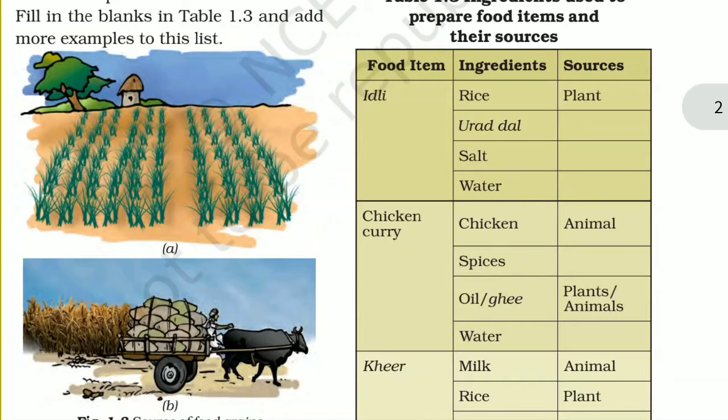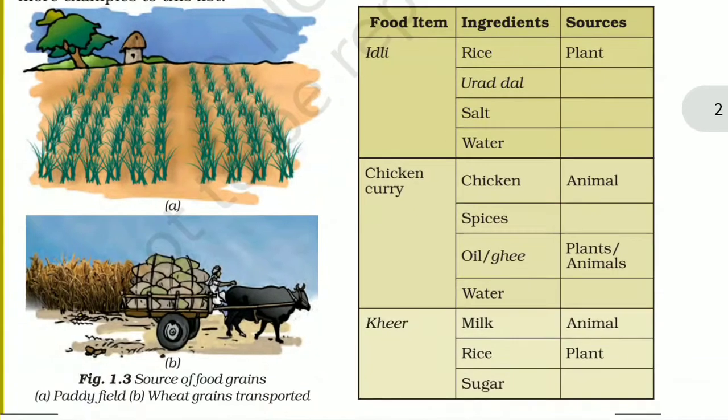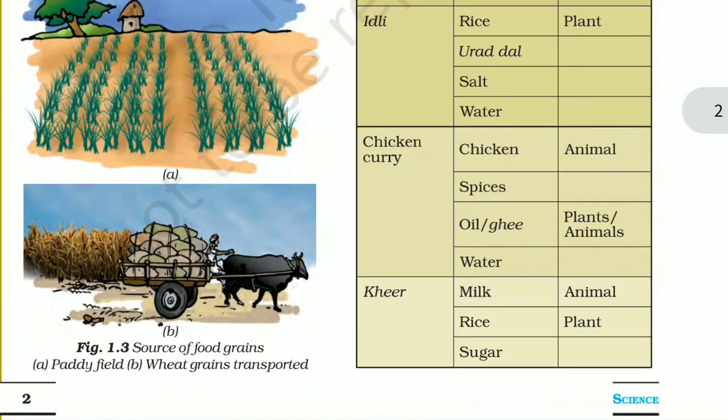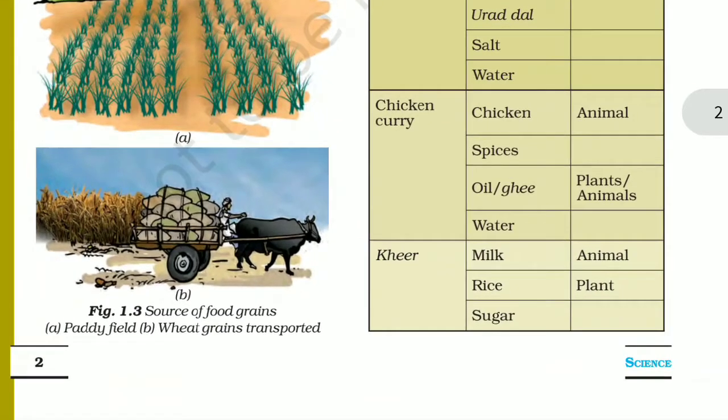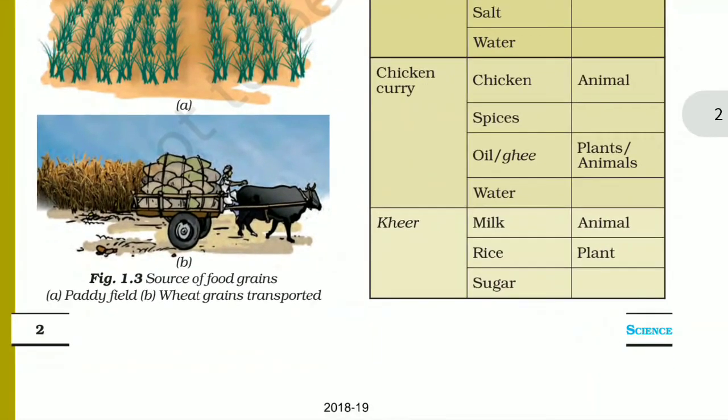So rice comes from plant, urad dal also comes from plant, salt comes from water, and we get water from water bodies. Chicken curry. Chicken comes from animal, spices come from plant, oil and ghee come from plant and animal. And water also you can write, like lakes or water bodies.